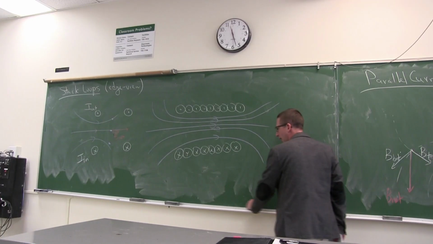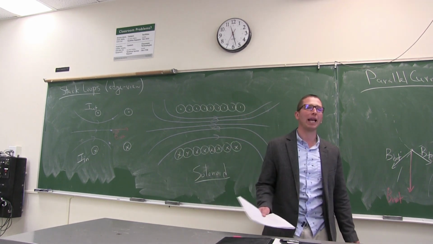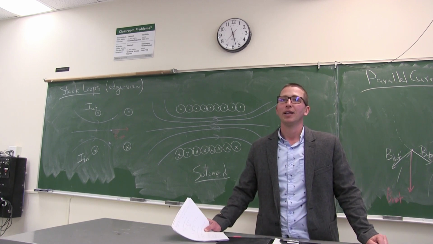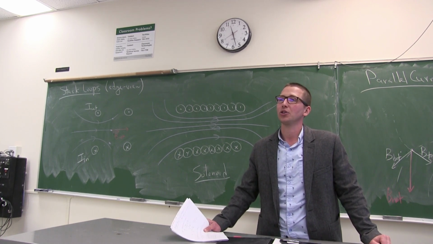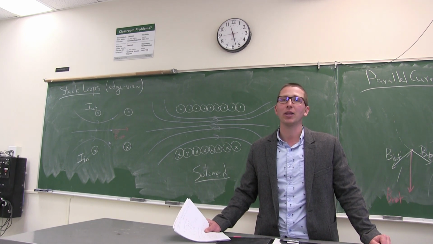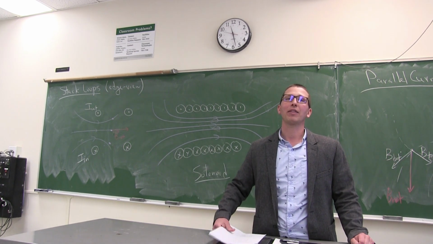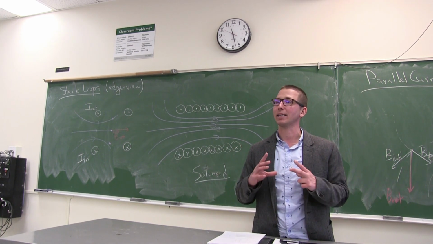So we call this a solenoid. Solenoids are the magnetic equivalent of capacitors. You can create large, constant magnetic fields. Imagine in the limit where that solenoid went to infinity, and the loops were more and more tightly packed together.